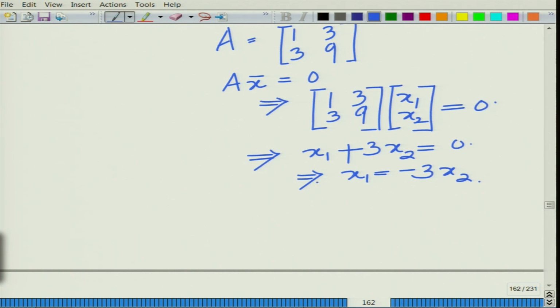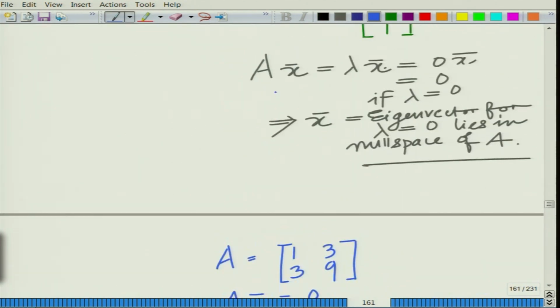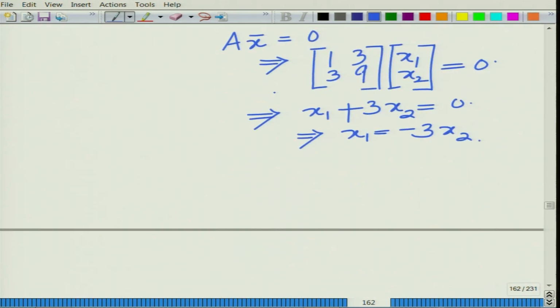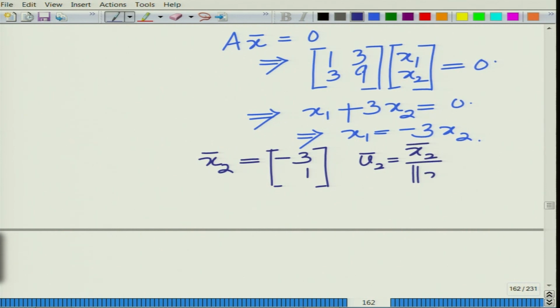So, then the eigenvector corresponding to this is x2 bar equal to minus 3 comma 1. And we have u2 bar, which is x2 bar divided by norm x2 bar, and this is 1 over square root of 10 times minus 3 comma 1.